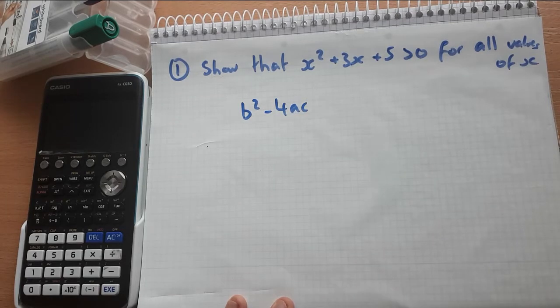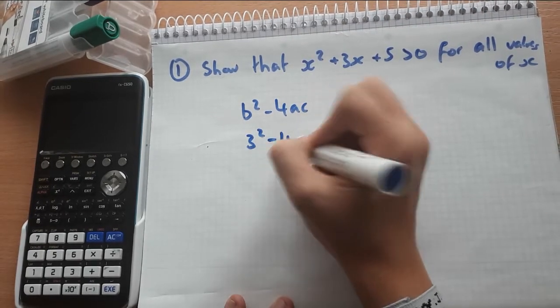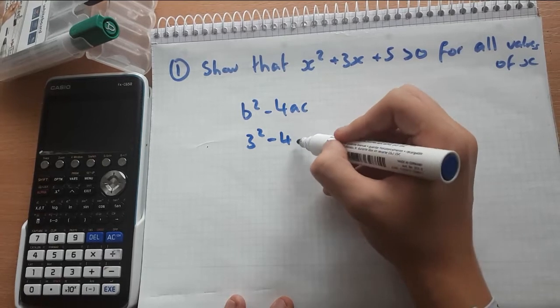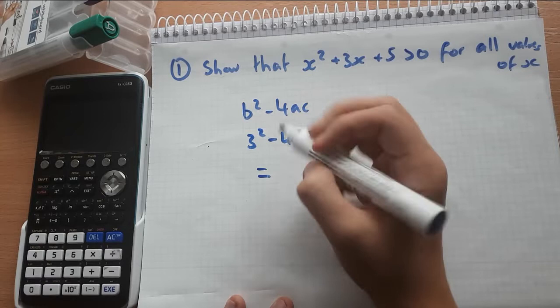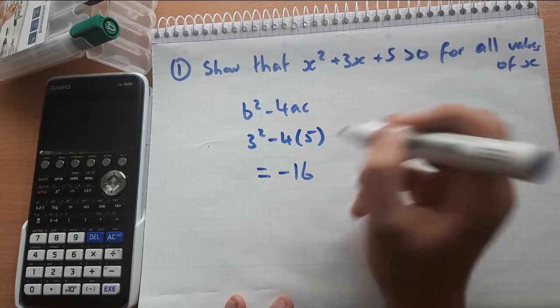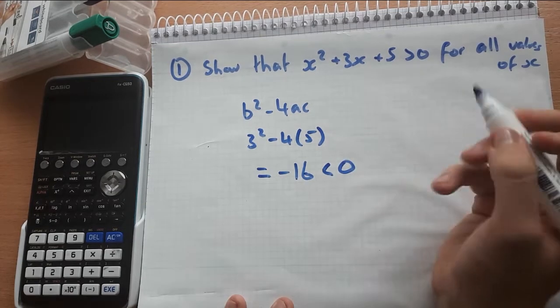We don't know what it is yet, but we need to know that it's above 0 for all values of x. So we work this out. 3 squared minus 4 times 1 times 5. This is equal to minus 16. Now, minus 16 is less than 0.